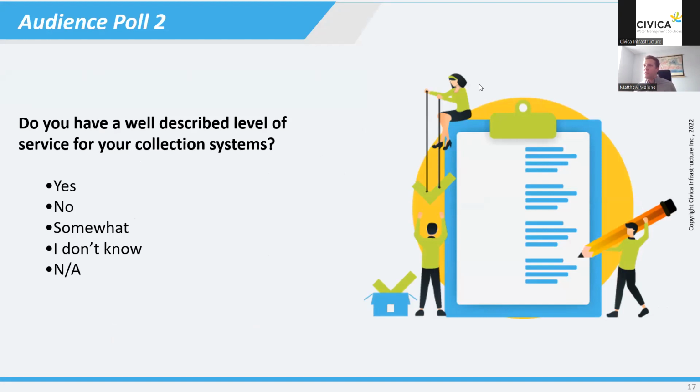Do you feel like it's very well described and prescribed as to what those levels of service are, or do you think there's probably some room for improvement, or maybe you don't know, but we just thought it'd be an interesting question to answer. So we'll give a couple more seconds for this one.